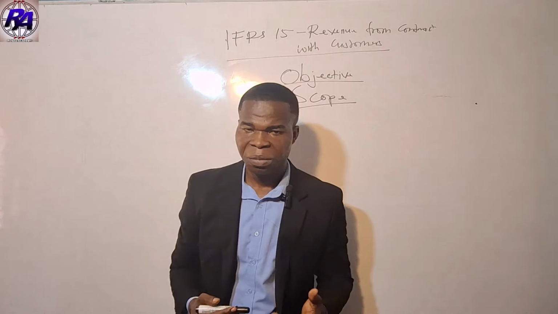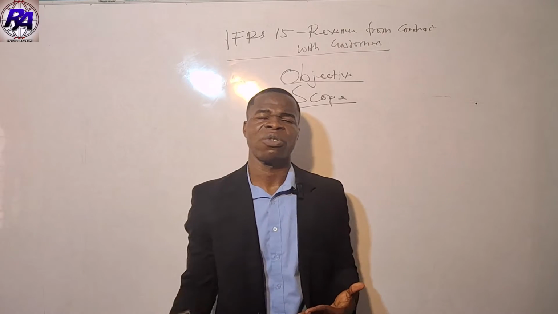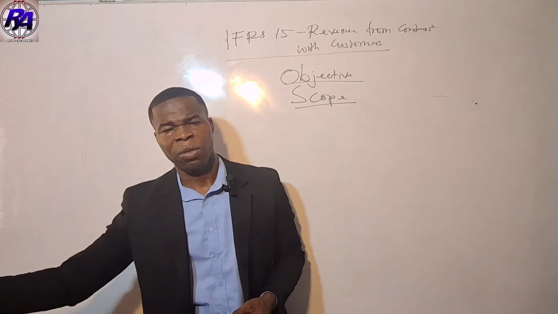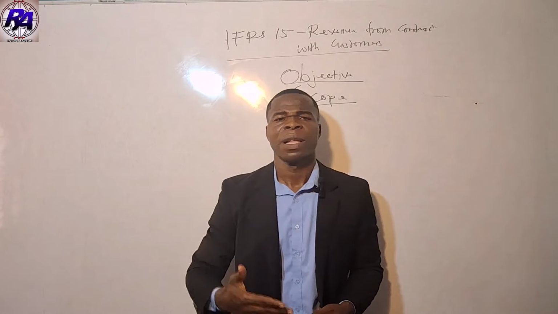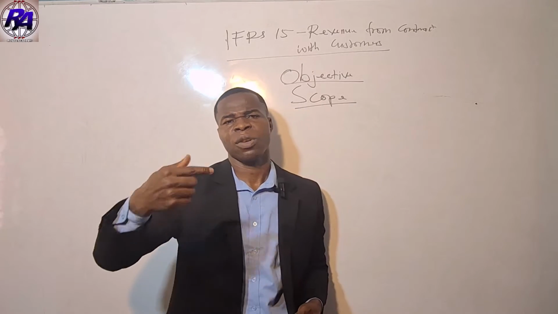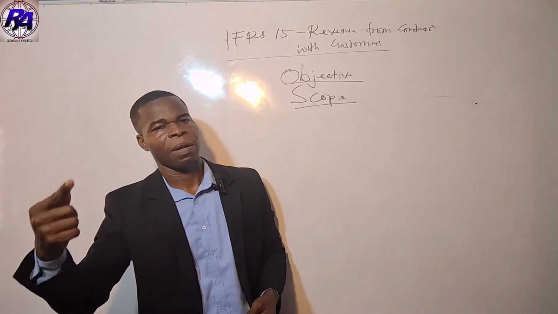For instance, I provide teaching services. If I've entered into a contract with anybody that I'm going to teach the person for this amount of years, this amount of months, the person is receiving these services, which are my outputs. So I can refer to that person as a customer.